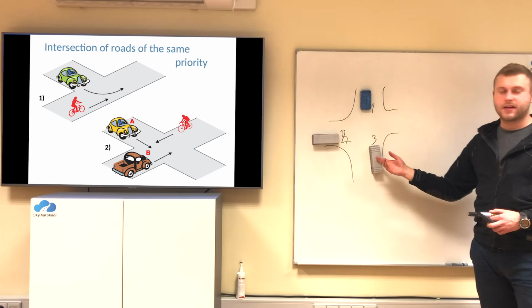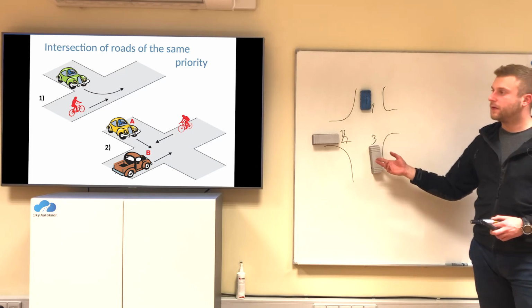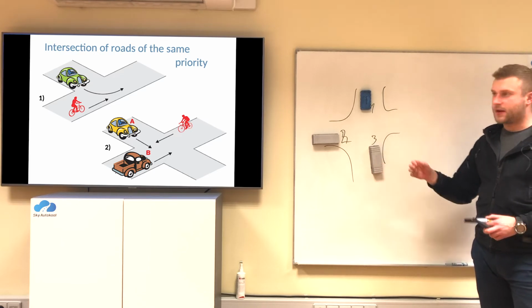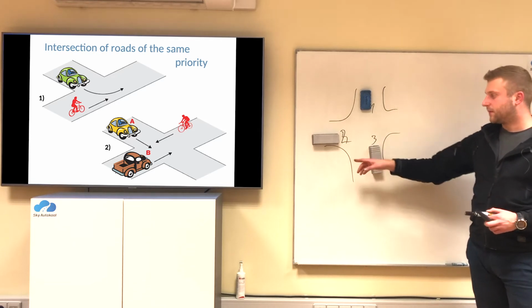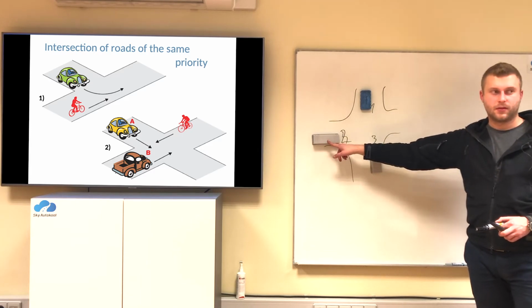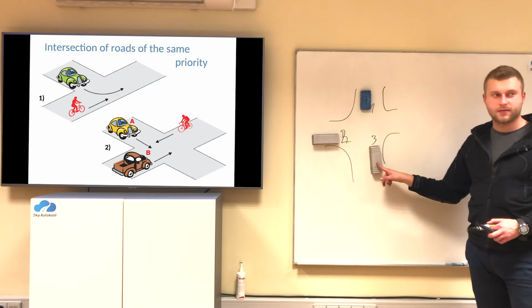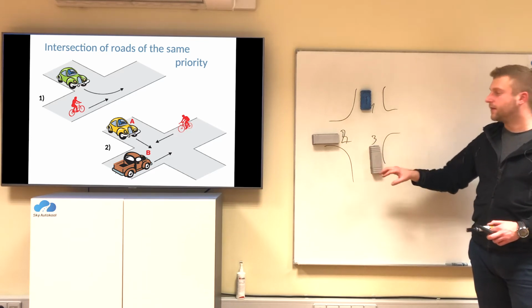You understand why this car goes first? It's on the right side of the crossroad. It doesn't matter which side we have. It matters only that we are on the right side of this car. This car gives way to us because we are on the right side. You understand? Right-hand rule again.